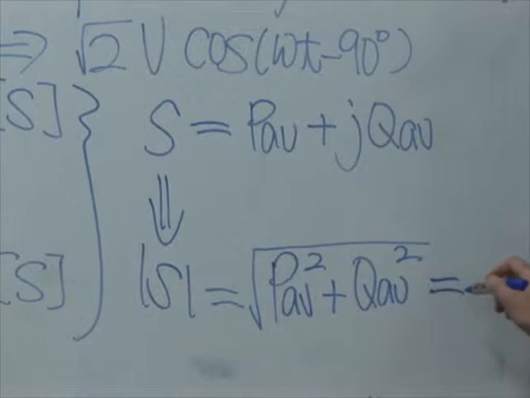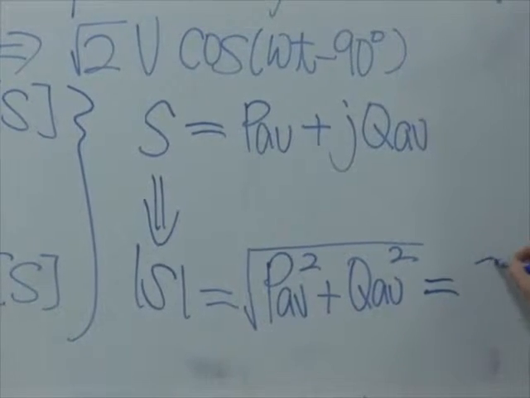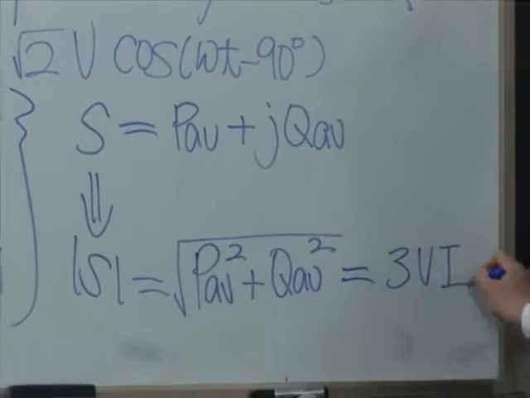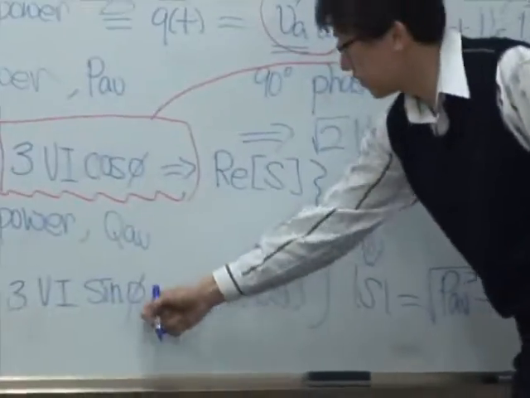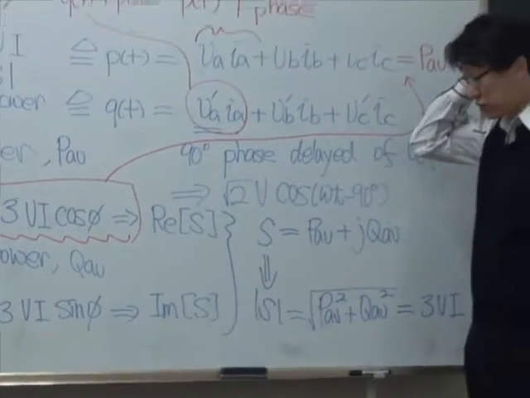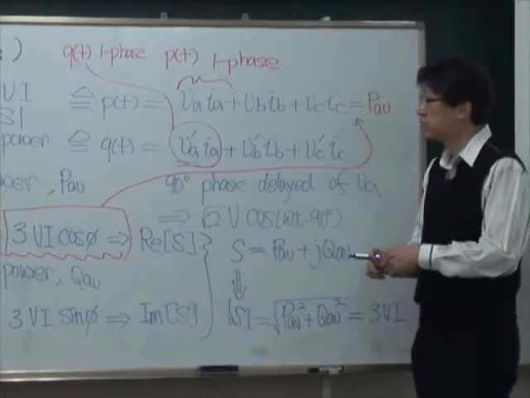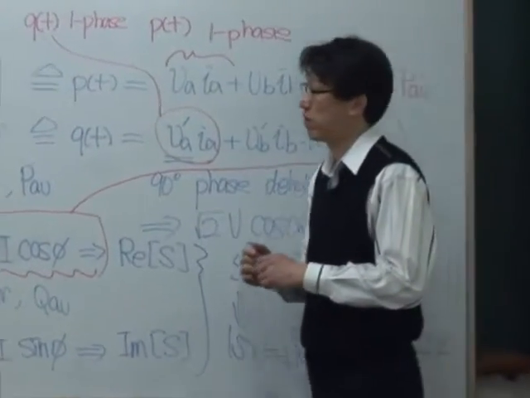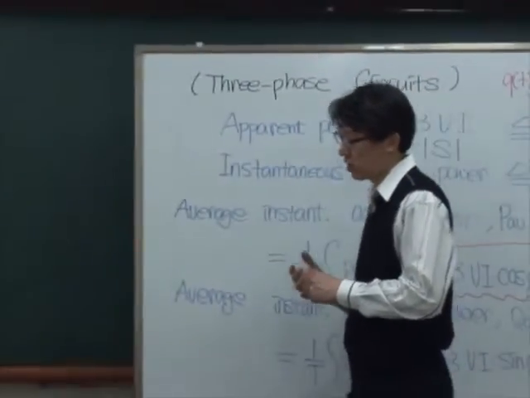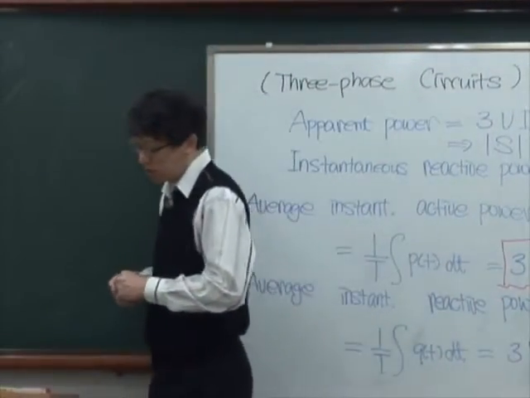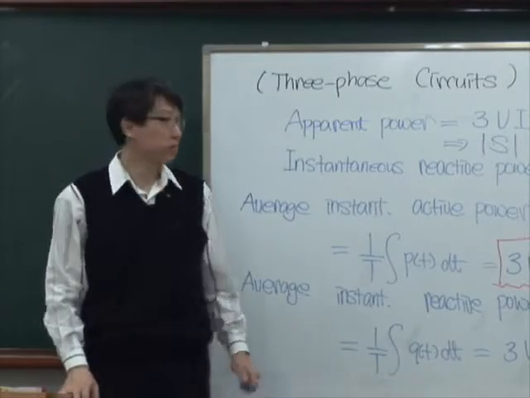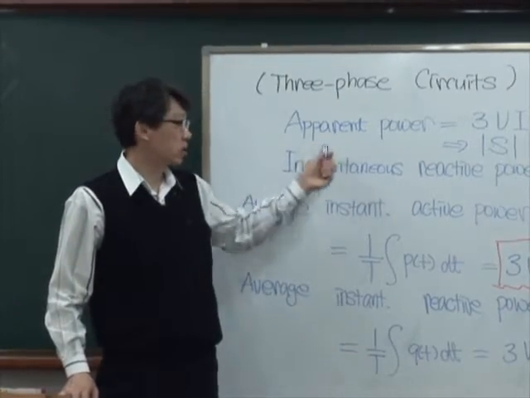And this would be equal to 3VI. Because cosine phi, sine phi, once you square and add, then it becomes unity. So you have only 3VI. So this apparent power means 피상전력, apparent power. Apparent means 피상, right?